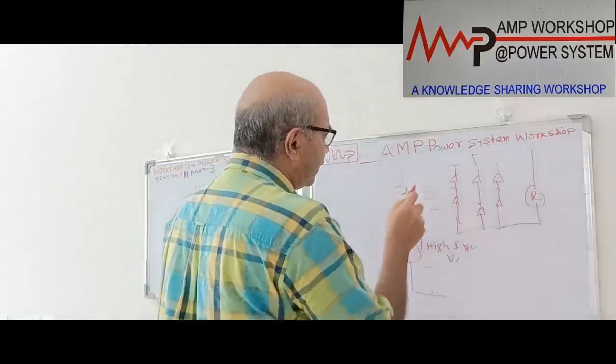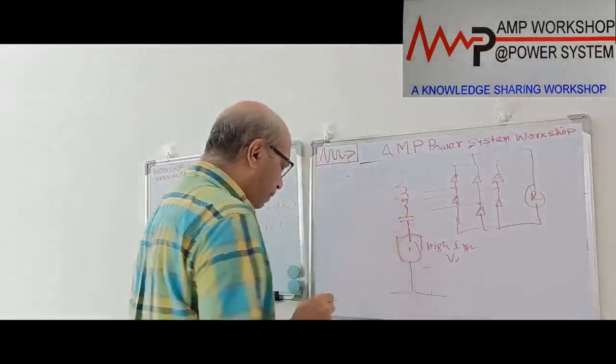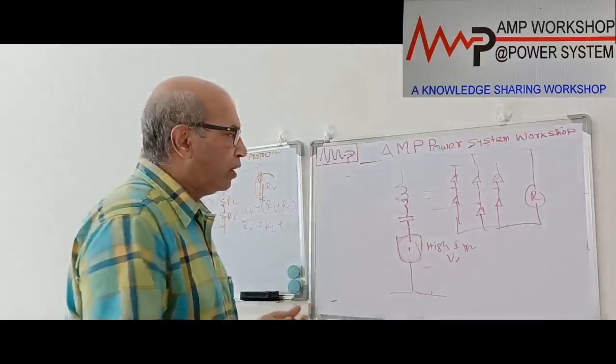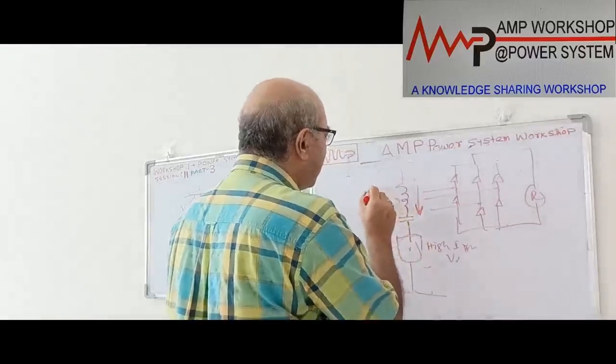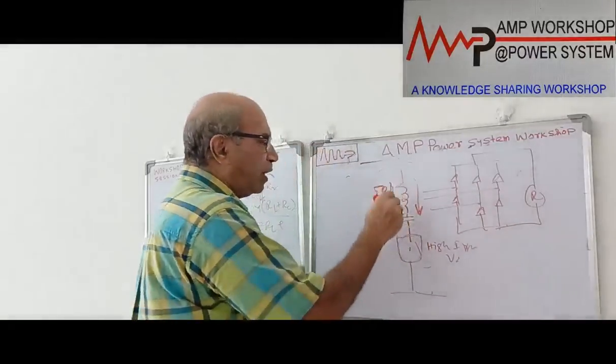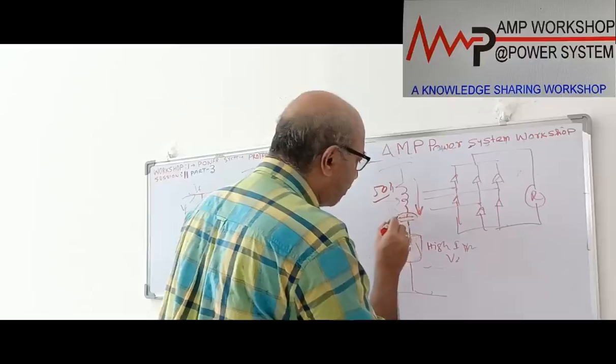This is an LC filter. The L stops all the high harmonics; it is tuned to the principal harmonic, the fundamental frequency. So only the fundamental 50 Hz current will pass through this, and all others will be stopped. The DC component in the asymmetrical fault current will be stopped by this capacitor.